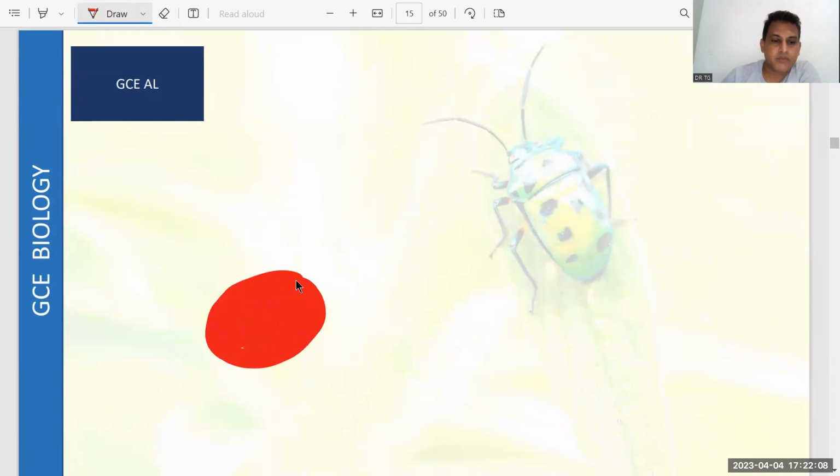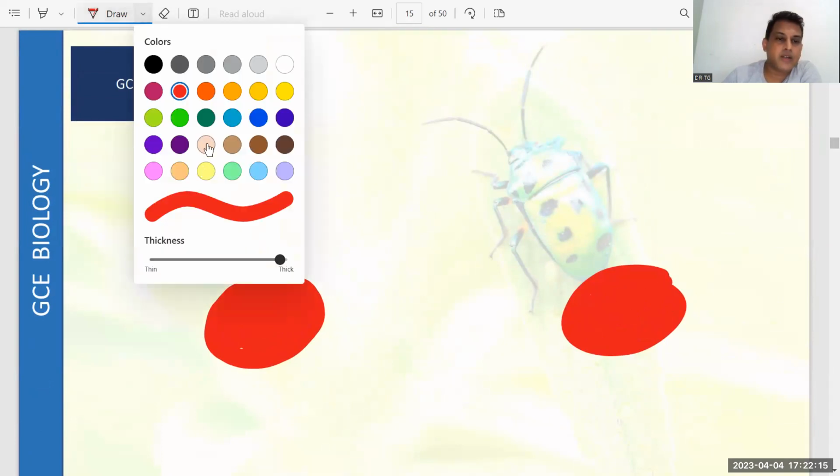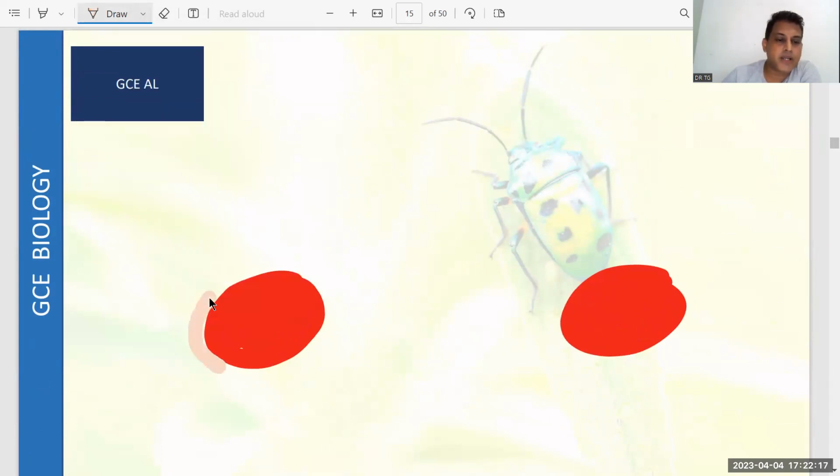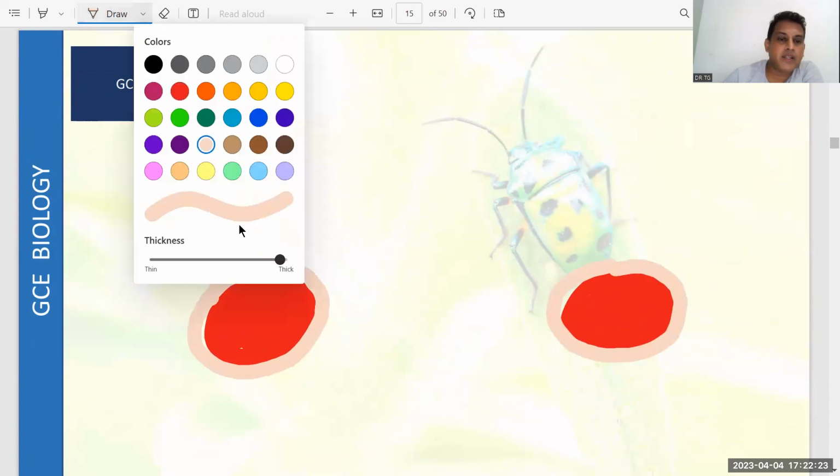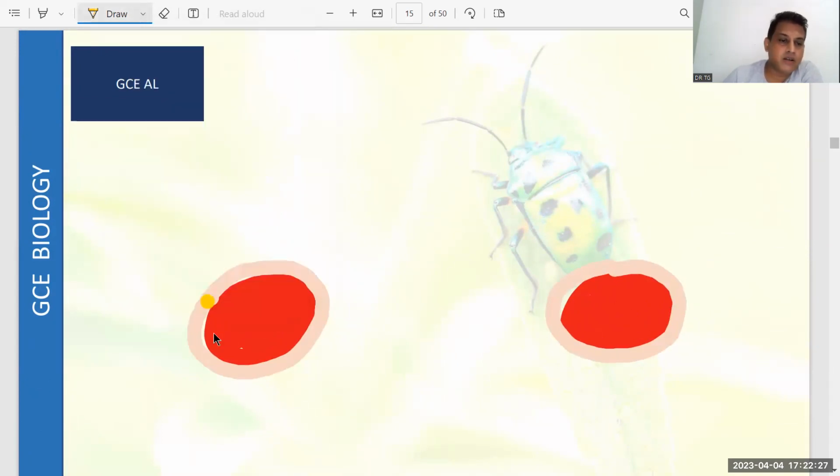This is a red blood cell, and this is a red blood cell. And this is the cell membrane. These are the antigens.